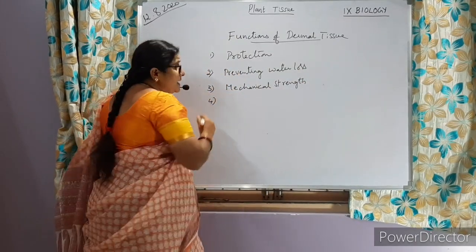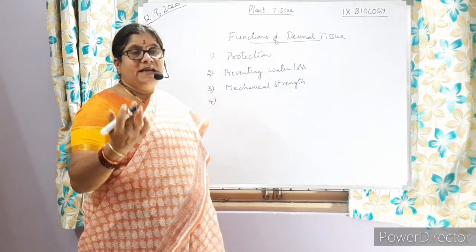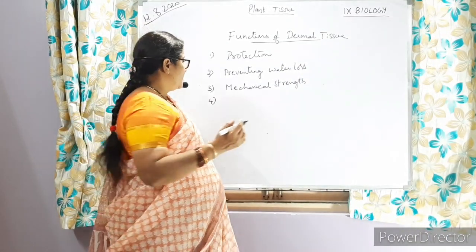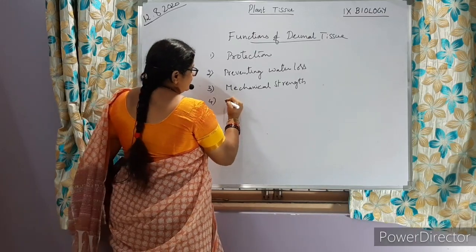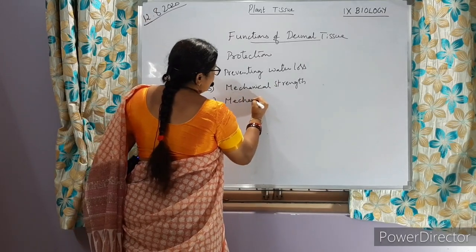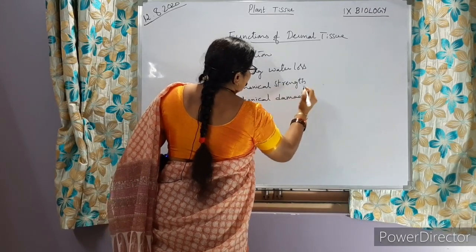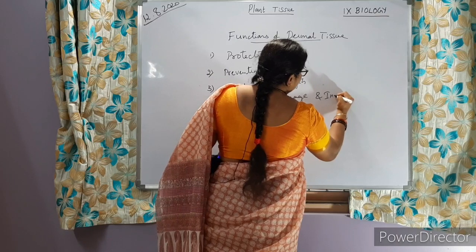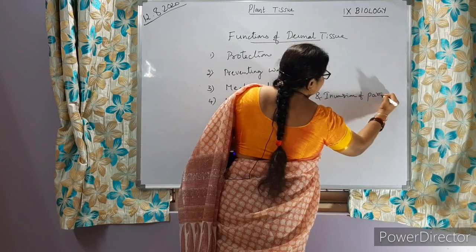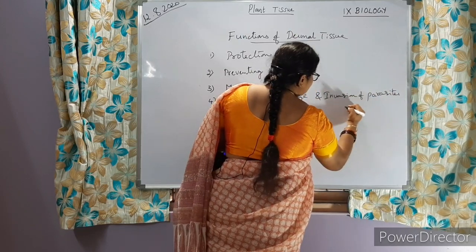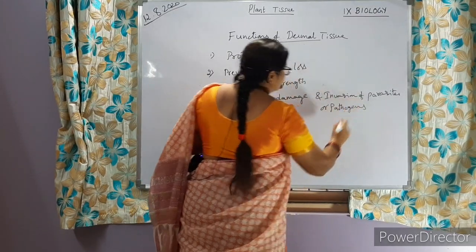If any damage is going to happen to the plant, suppose we cut any branch or any leaves, at that time mechanical damage and invasion of parasites or pathogens will be stopped.